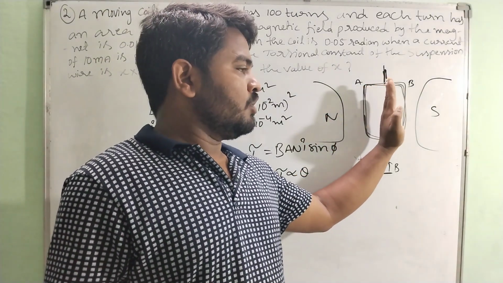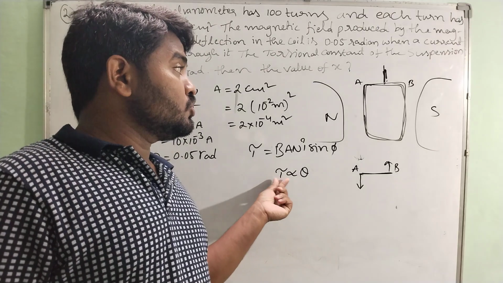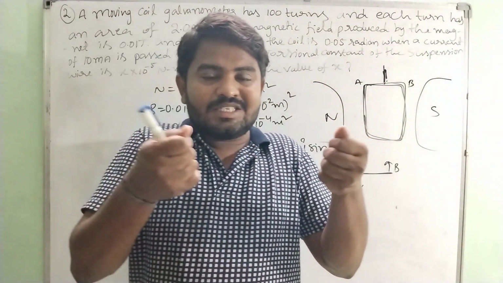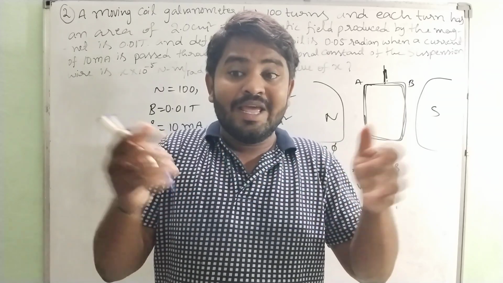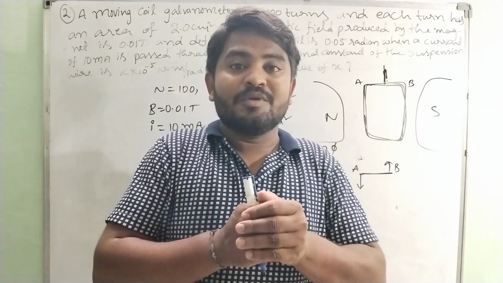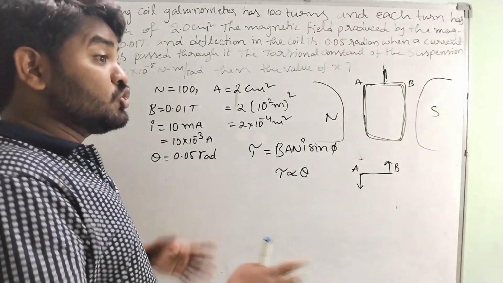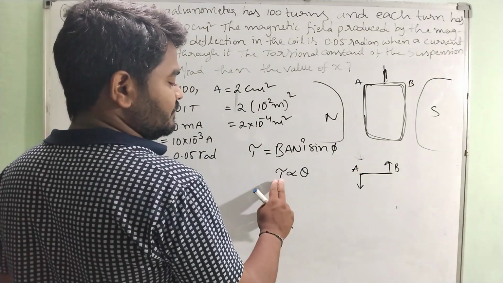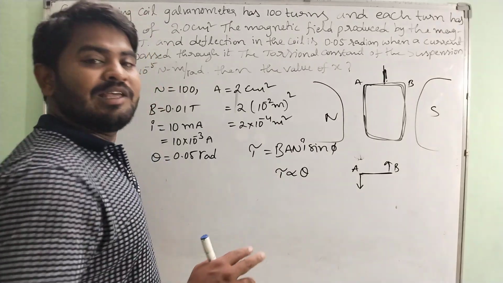If it turns more, the restoring torque will be more. If you take a rubber and stretch it more, it tries to come back with that much more force. Same way, if you twist it more, the restoring torque will also be more.